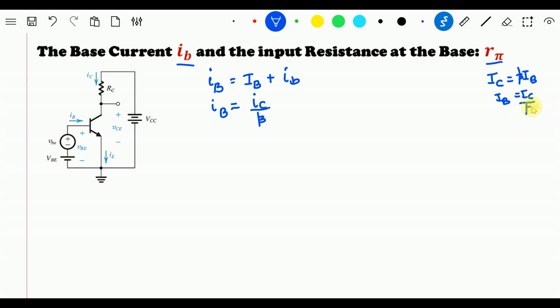So this term we know, right? That is the term which is replicated here. The instantaneous base current is equal to the instantaneous collector current divided by beta.